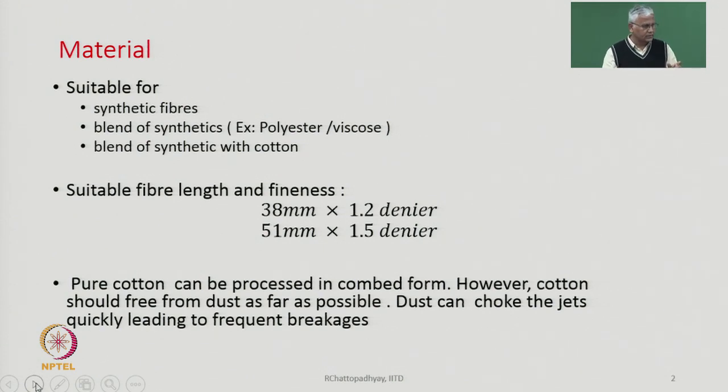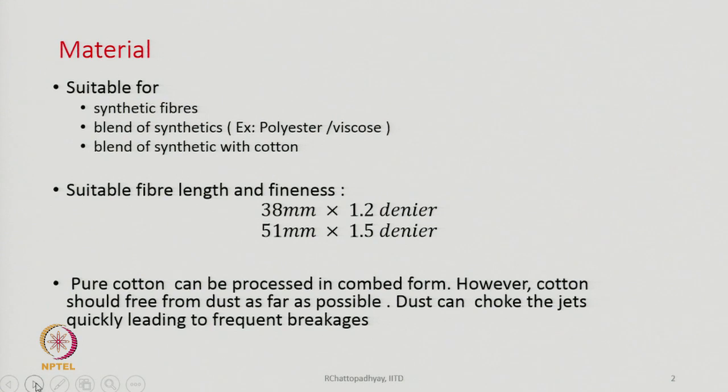Therefore, if the fibers are long, then even if 30 or 40% of the fiber length is used for wrapping, still sufficient length is available to wrap the yarn properly, so that the yarn as a whole can really sustain some load, and therefore, can really develop some strength. And if the fibers are short, wrapping is not going to be adequate.